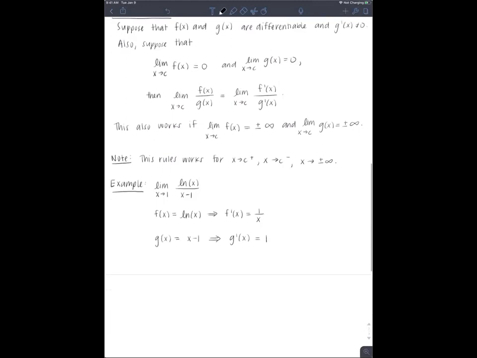And so L'Hopital's rule really says that if I look at the limit as x approaches 1 of ln of x over x minus 1, what I can look at instead is the limit of 1 over x over 1. And here, when I plug 1 into this, I just get 1. I don't get 0 over 0.